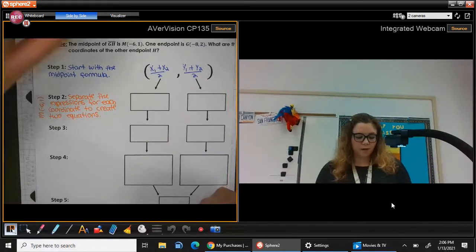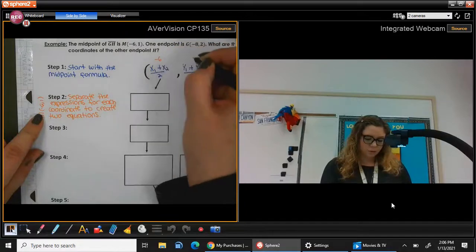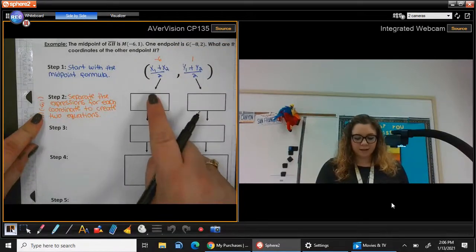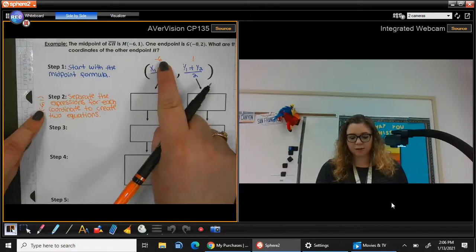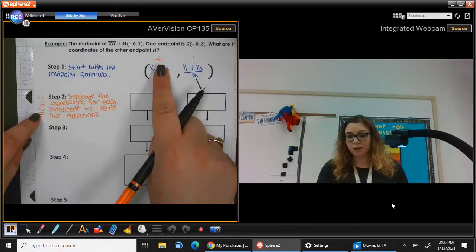So if I know my midpoint is (-6, 1), can I set this whole thing equal to -6, if we know that whatever x value comes from this is going to equal -6?